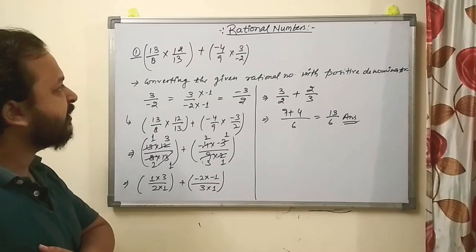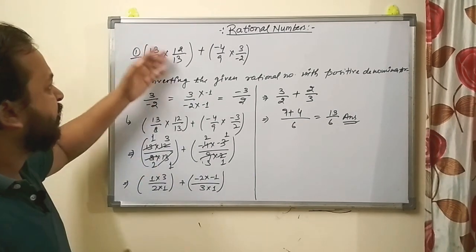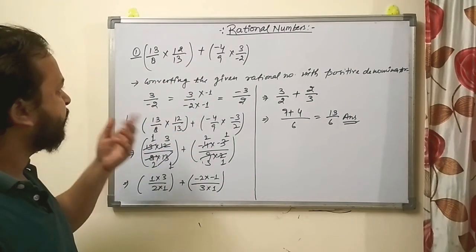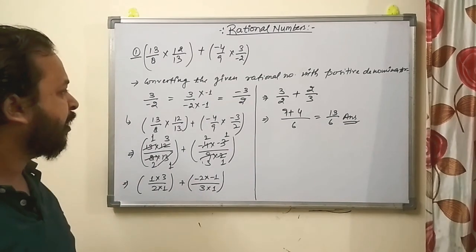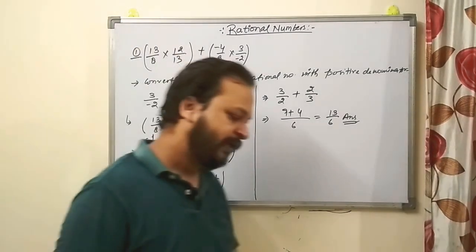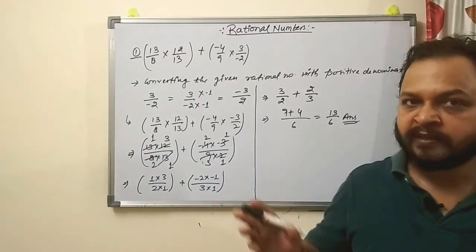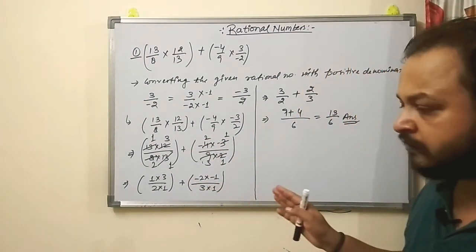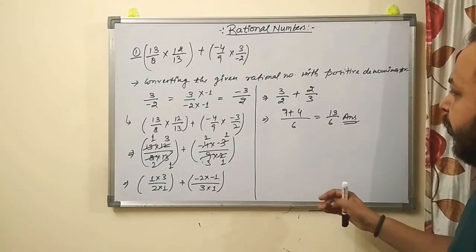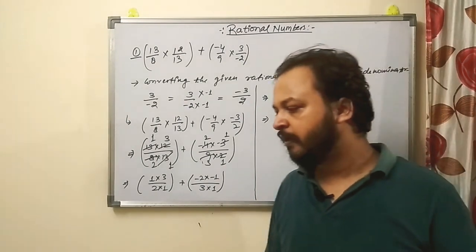And after that, in multiplication, first multiply the numerator with the numerator and the denominator with the denominator, and if anything is common, just cancel it. You will get the answer.